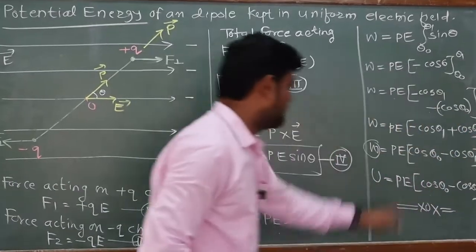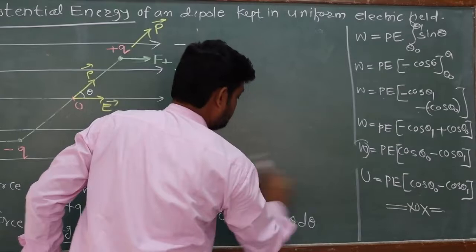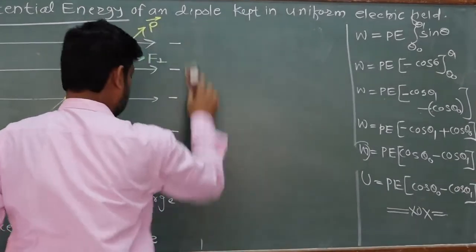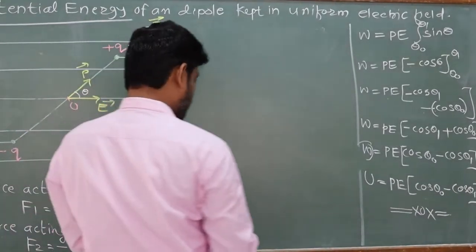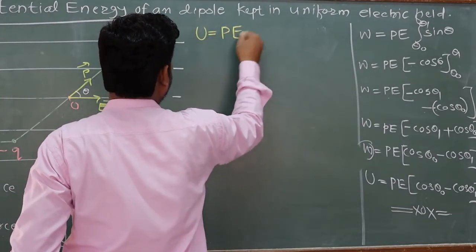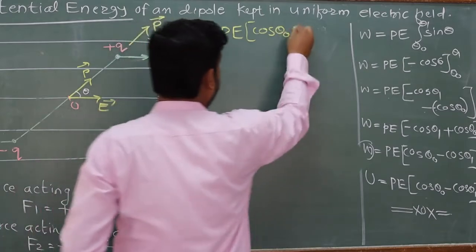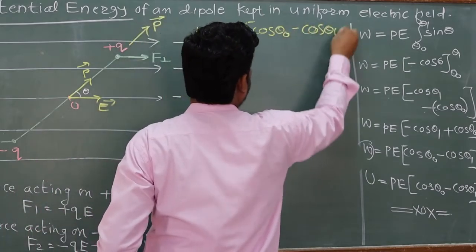First of all, copying this equation, see what we get: U equal to pE (cos theta 0 minus cos theta 1).